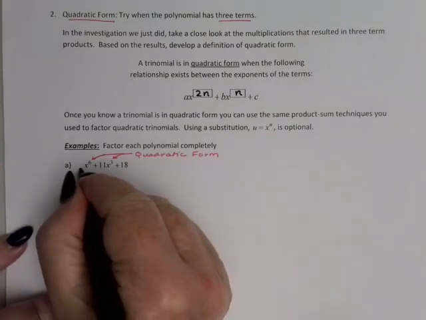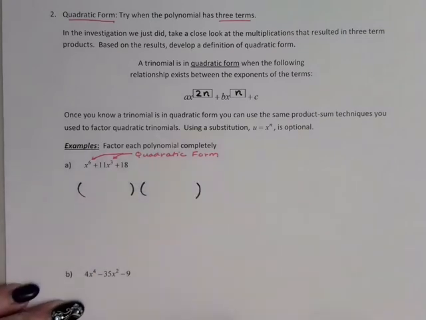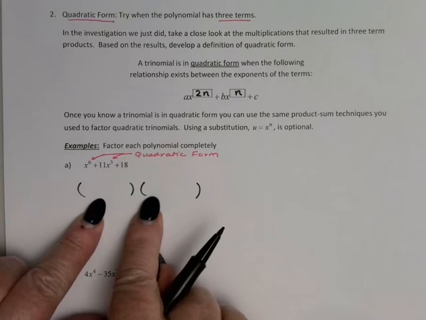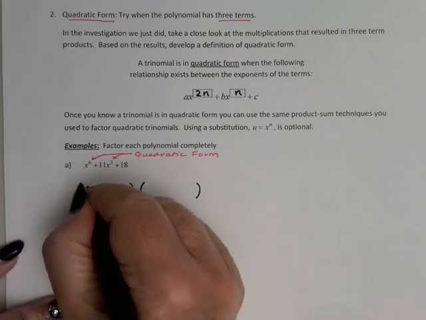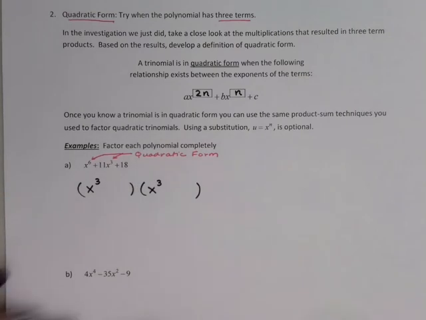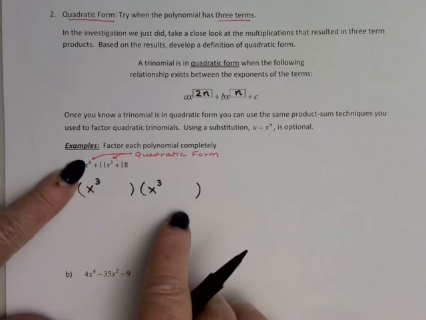Since the leading coefficient is 1, I can break this up right away, only this time instead of x times x, I need to think of what times itself would give me x to the 6th. I'll end up putting x cubed in each of my sets of parentheses, because when I multiply those, I add the exponents, giving me x to the 6th.